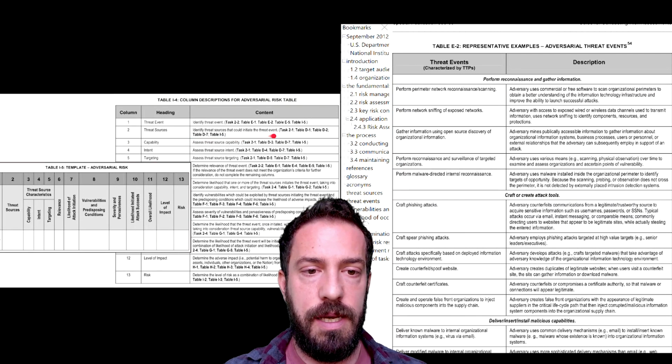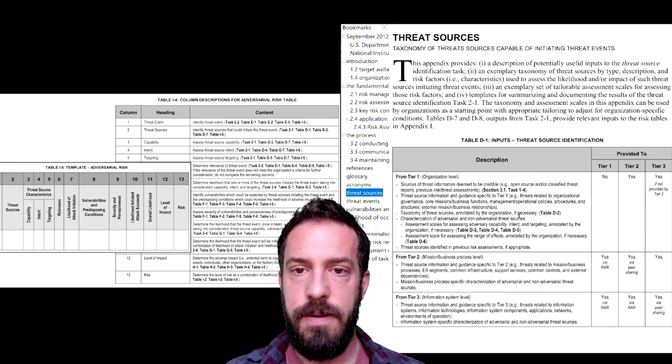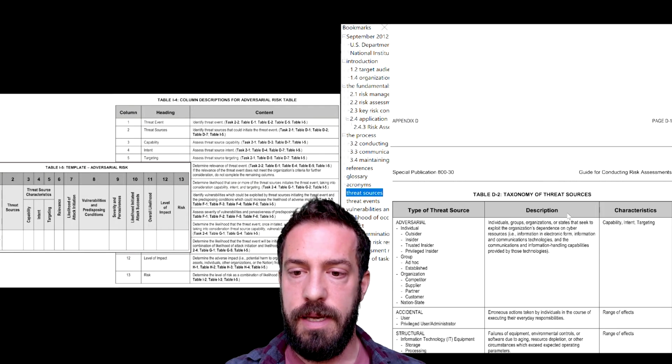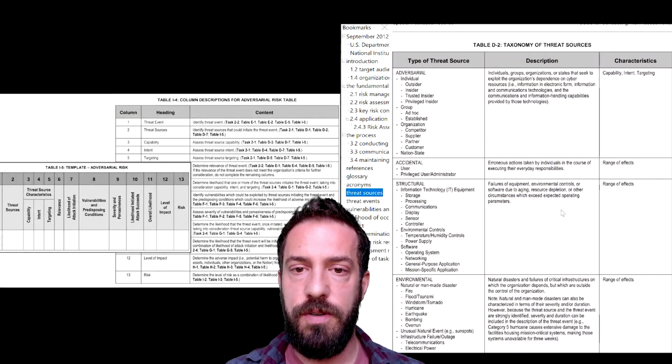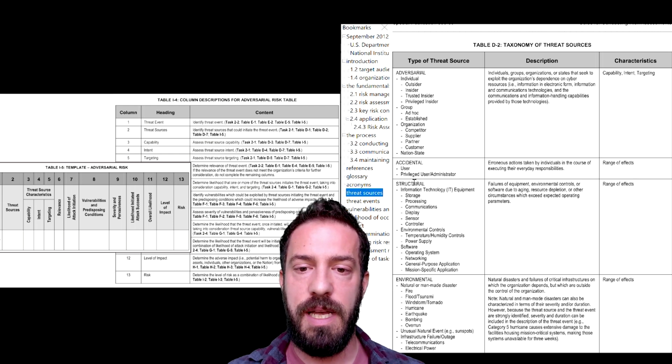Second, threat sources: identify threat sources that could initiate the threat event. Let's go to threat sources. I have a taxonomy that we saw before: adversarial, individual, outside, insider, accidental. This is reconnaissance, so I don't think it will be an accidental match.